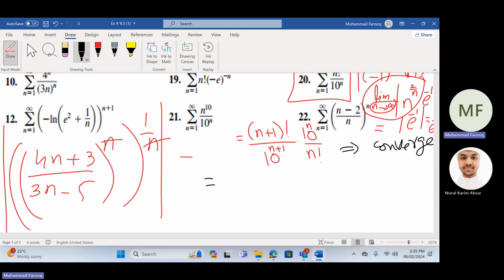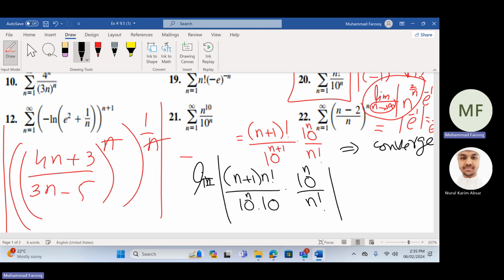So n plus 1 factorial, you can write n plus 1 times n, and stop here and put factorial. Divide by 10 power n plus 1. Can I break 10 power n plus 1? Yes, 10 to the power of n and 10 to the power of 1. We can take 10 outside. Here 10 power n, divide by here n factorial, absolute value, please. Also limit here up to infinity.